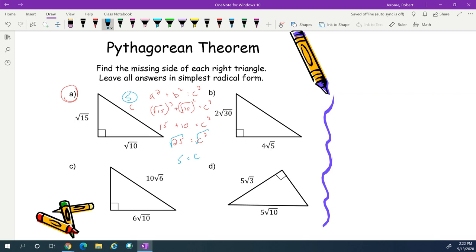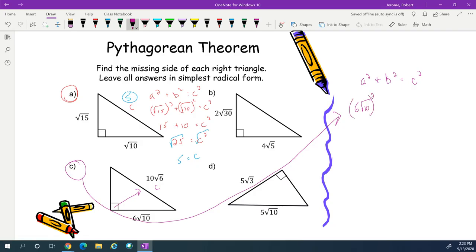Let's take a look at another one. I'm going to choose C this time. And I'm just going to bring our work out here. So A squared plus B squared equals C squared. We have the hypotenuse, so I know C. So I'm going to say 6 square root 10, put parentheses around the whole thing.